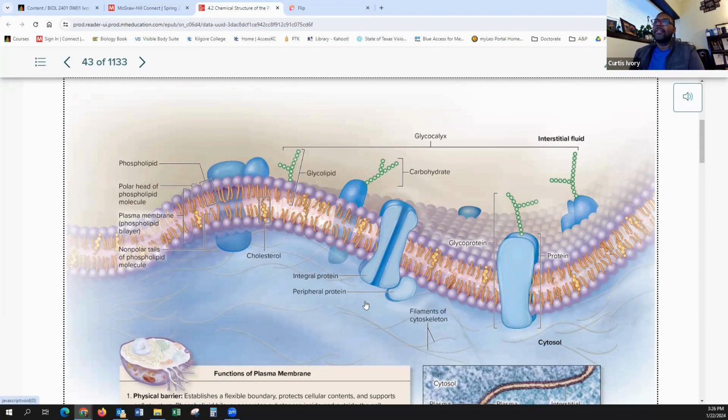It has a little pathway or tunnel so they can skip across. Remember that the phospholipid bilayer is non-polar, so some things are too big to get in between these phospholipids. They have to have a channel or a secret passageway to get from the outside to the inside.